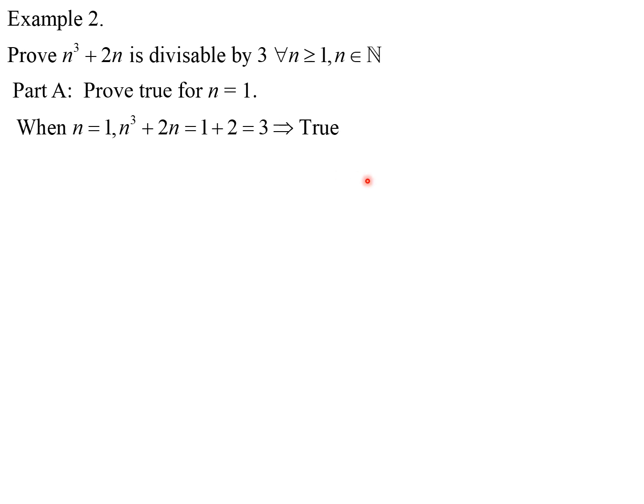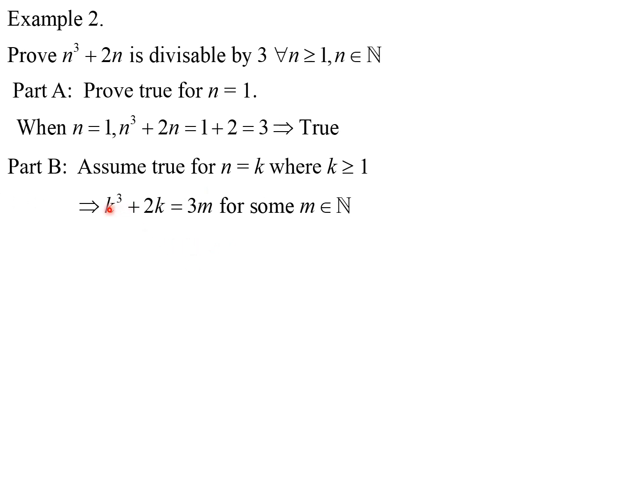So it's true. For the next part, we make an assumption that it is true for n equals k. When we substitute n as k, it simply becomes k cubed plus 2k equals 3m. We are writing 3m because we only know it's a multiple of 3, so we assume that it's 3m, and m is obviously a natural number.